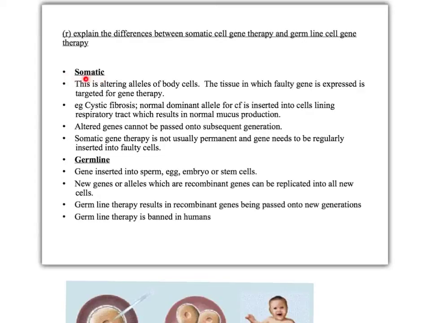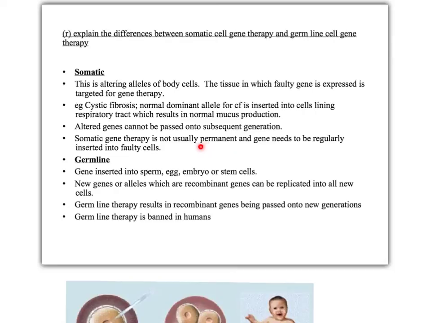Okay, one of the problems with gene therapy is that it isn't usually permanent, because those genes aren't passed on in mitosis to other cells. Okay, so as the cell dies, the problem returns.